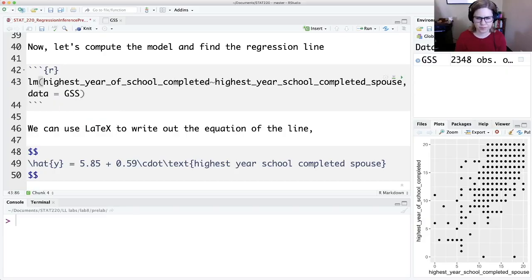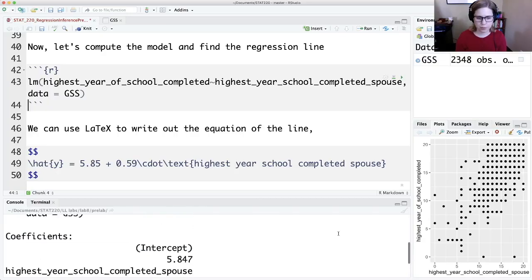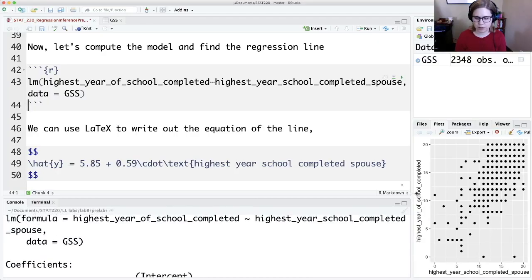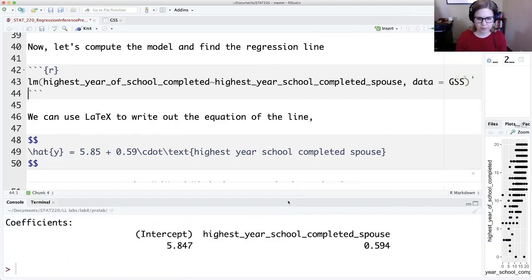So this line of code is seeming kind of long, but hopefully you can still read it. I'm going to make a linear model, and I've got my y, and then I've got my tilde and my x. And if I just control enter here, I'll get some output in my console. Maybe I can scoot this over so that we can see it more easily, and control enter again.